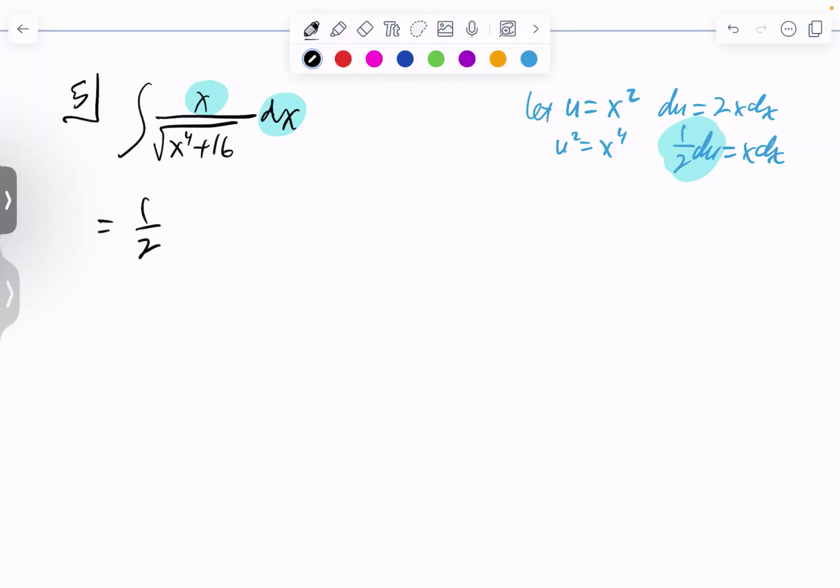This is going to give me 1/2 the integral of 1 over u square root of u squared plus 16 du. Hopefully you can see all of that in there.